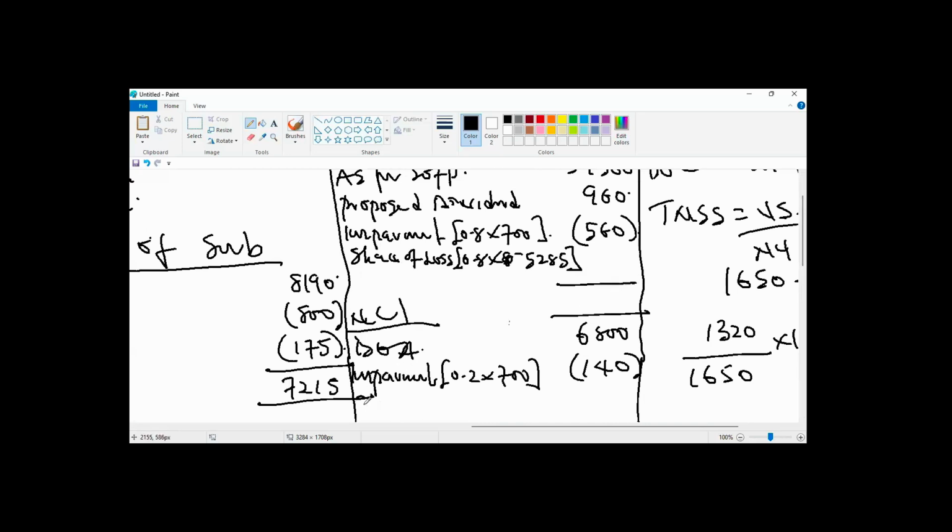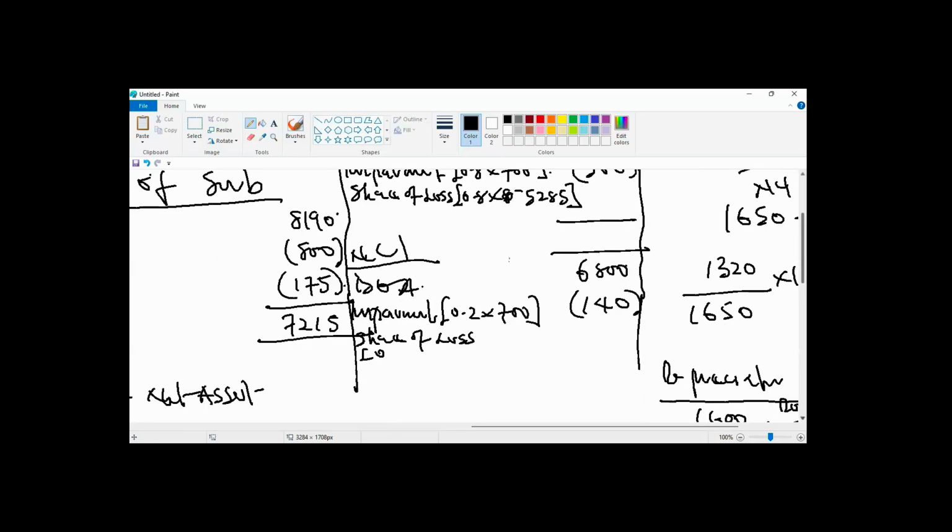NCI will share of loss, 0.2 times 5285. That's all.